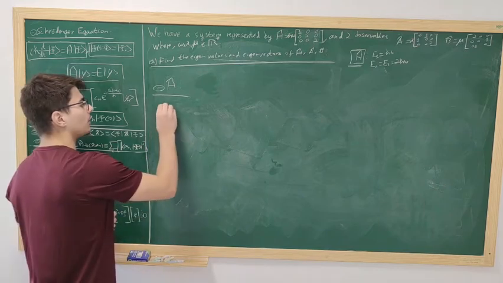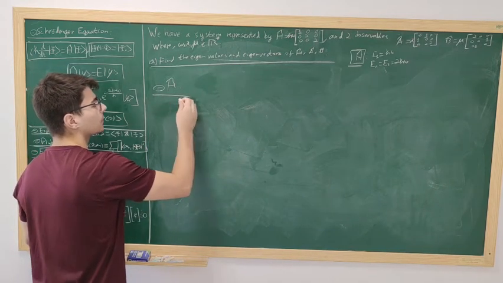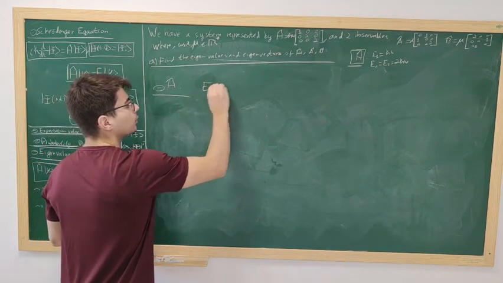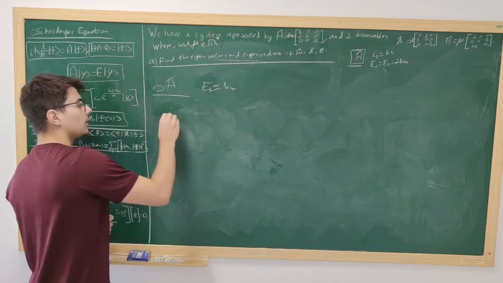First, let's start with the eigenvectors associated with E1 equals ħω.